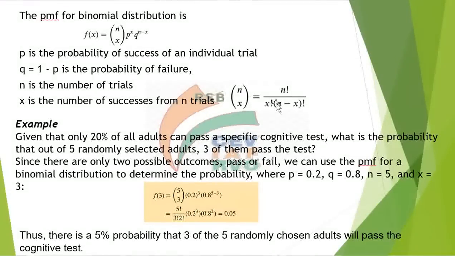It shows n factorial in the numerator, and x factorial times (n minus x) factorial in the denominator. We will make things clear with an example.